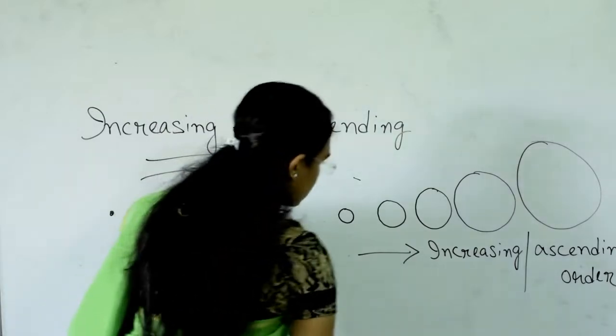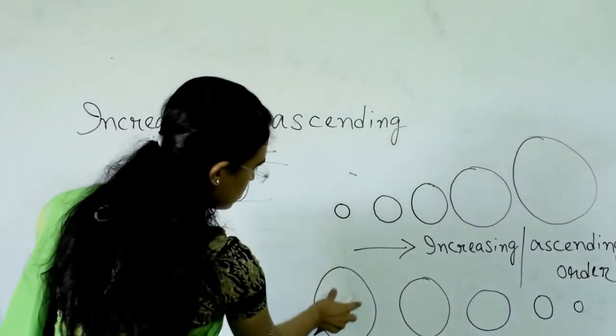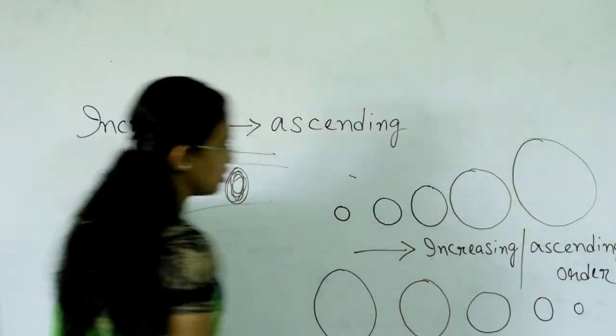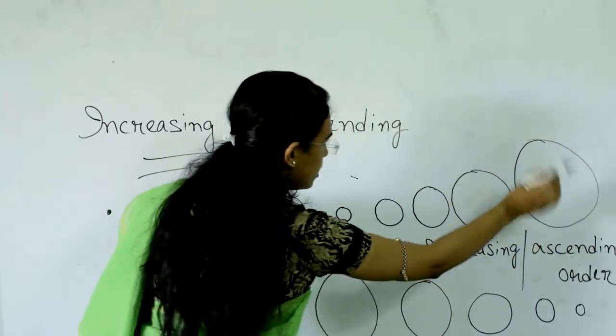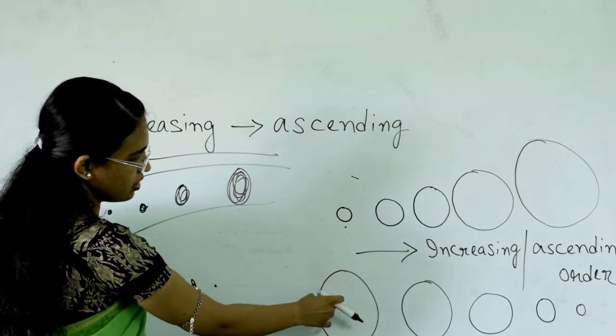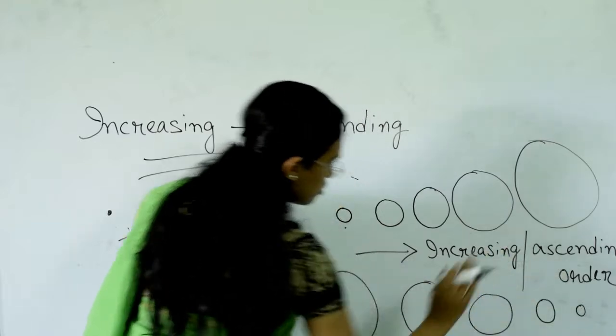What is decreasing or decrease? Can you see the differences? This is a big stone, then after that this and this is the small stone. But in increasing, first we put the small stone, then after that we go to the big one. But in decreasing, we first put the big stone, then we go to the small one.